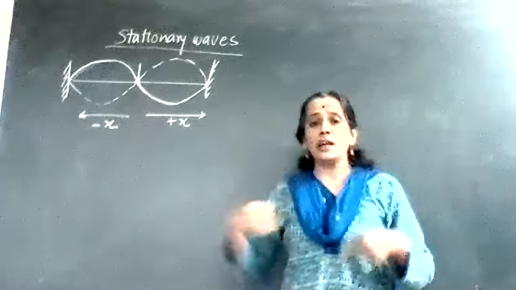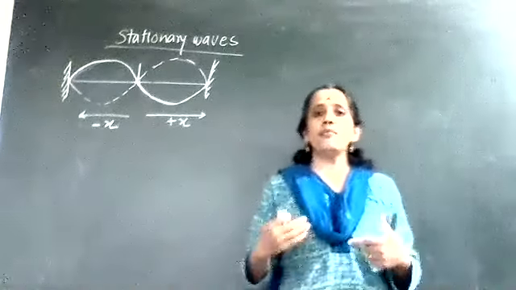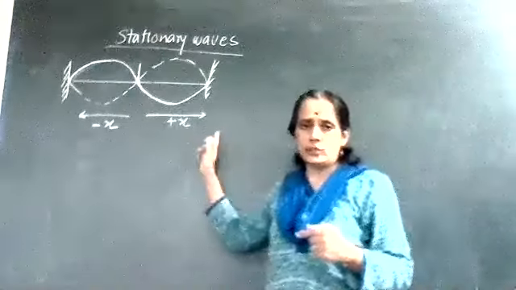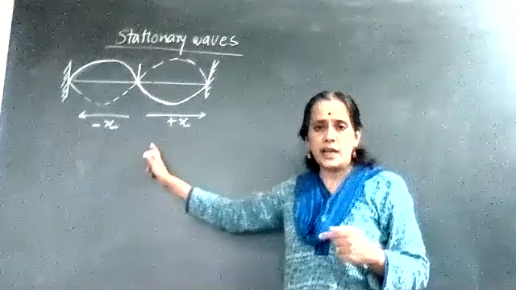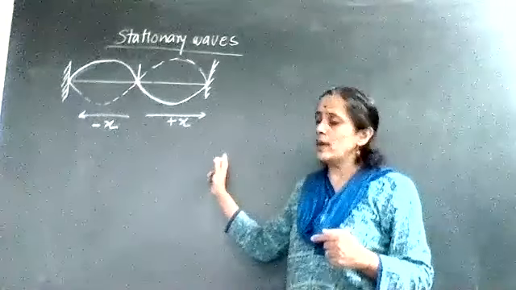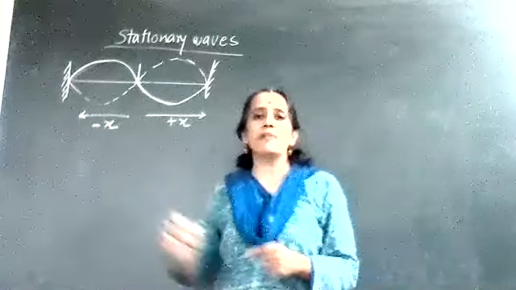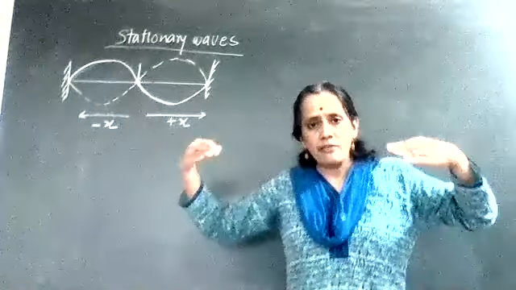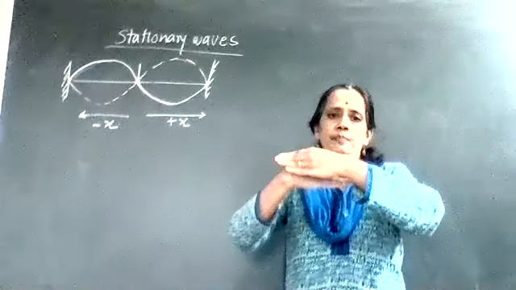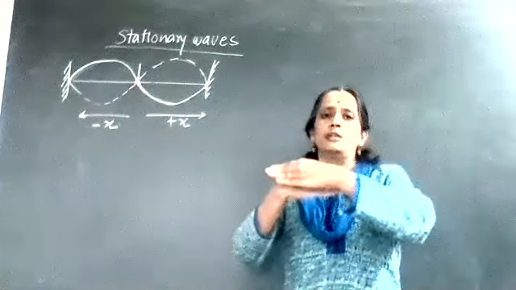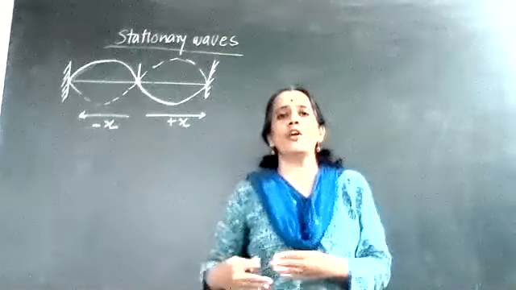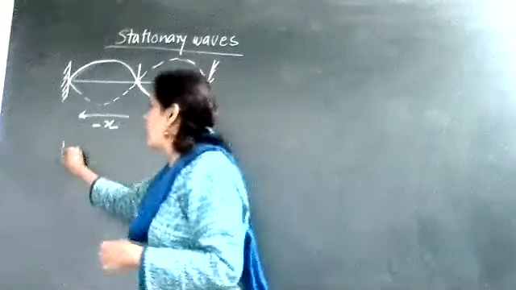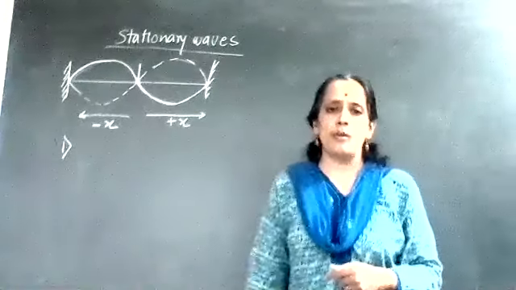Or in another language, I can say that the two waves are traveling over the same line but in opposite directions. One wave is traveling along the positive x direction, and another wave is traveling along the negative x direction. Along the same line, when they get superimposed, the effect is nothing but the formation of stationary waves.